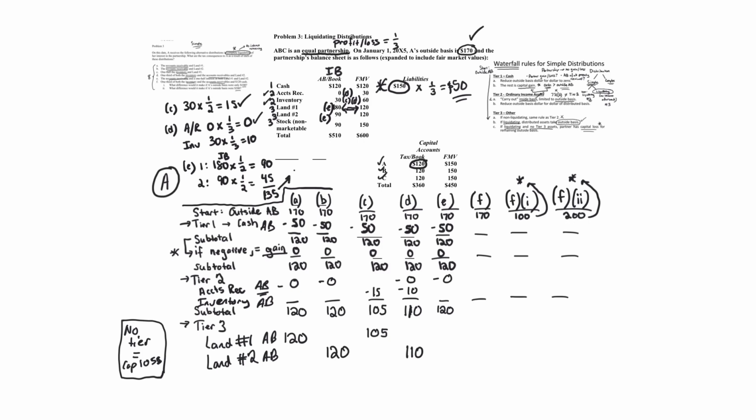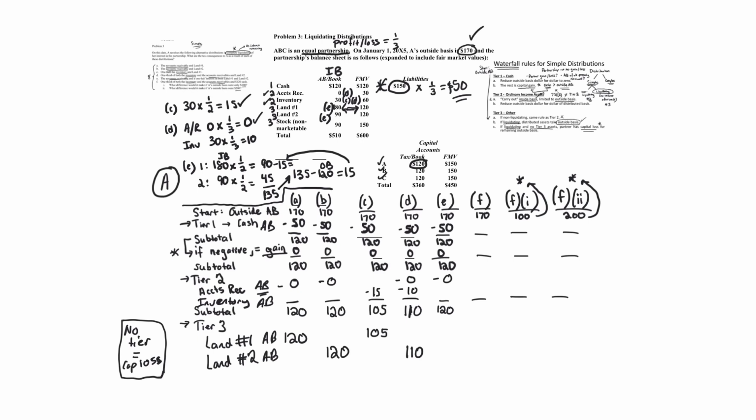The 135 basis that we calculated minus the 120 that we have to allocate, the outside basis. That's a $15 difference, okay? So we're going to allocate that $15. We're going to subtract it away from this 90 to the extent of the decline in value, which there's $60 of decline in value, 180 to 120. Or if you took half of those, a 30, 90 and 60 if you took half.